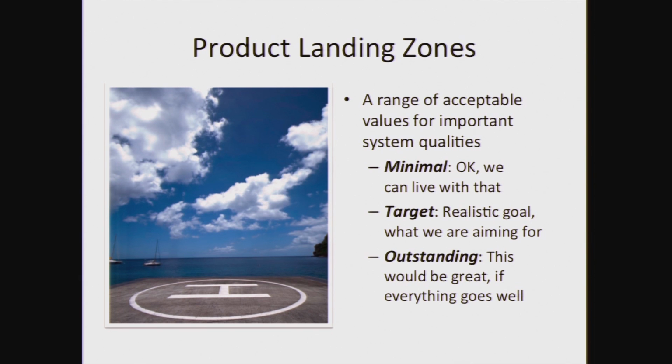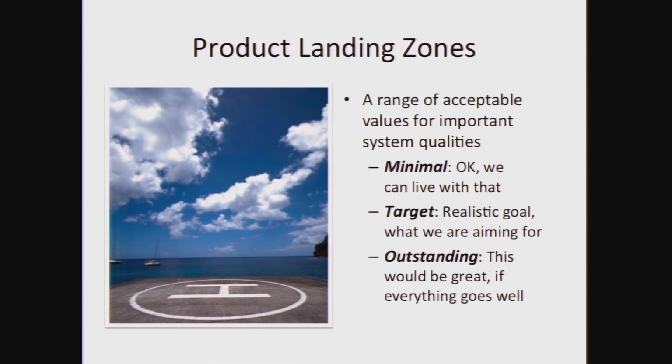One way to track that we're making progress and not backtracking is the notion of a landing zone. Now, a landing zone is different than a bag full of acceptance criteria, but it's a handful of poignant values that are indicators of our project and architecture success.